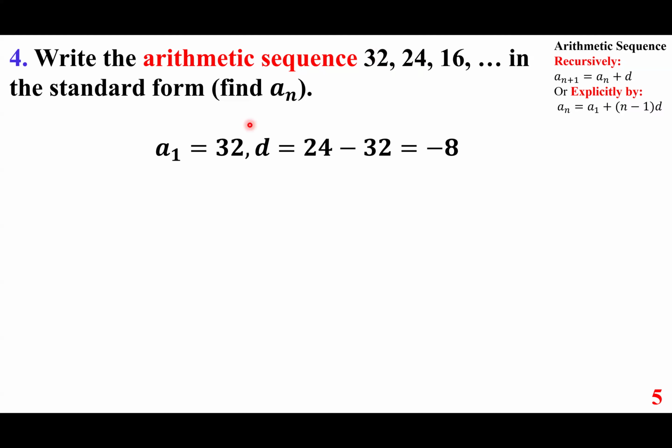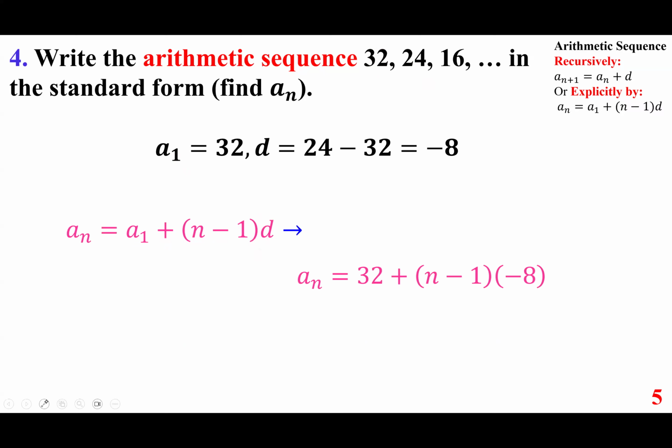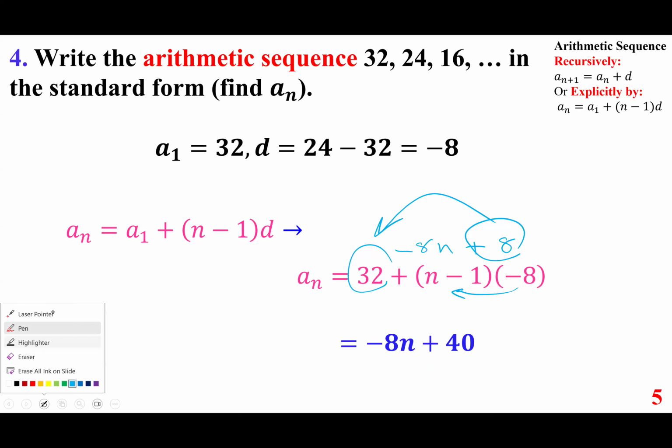So a sub n equals a sub 1, which is 32, plus n minus 1 times d, which is negative 8. You get minus 8n plus 8. These two add up to 40. a sub n becomes minus 8n plus 40.